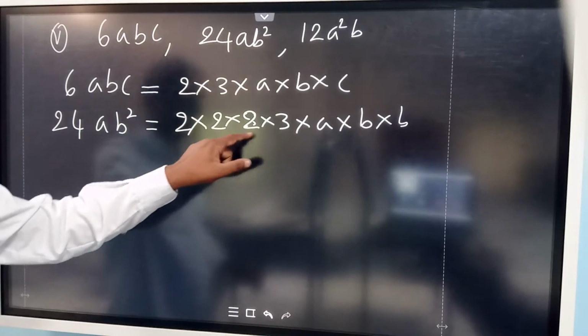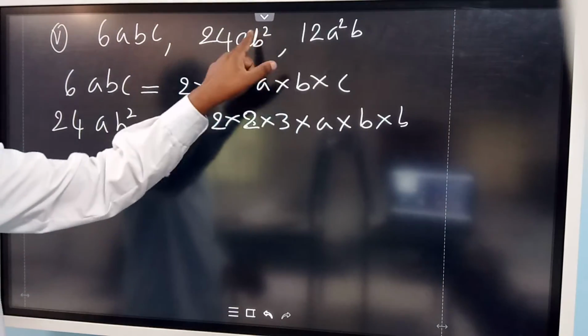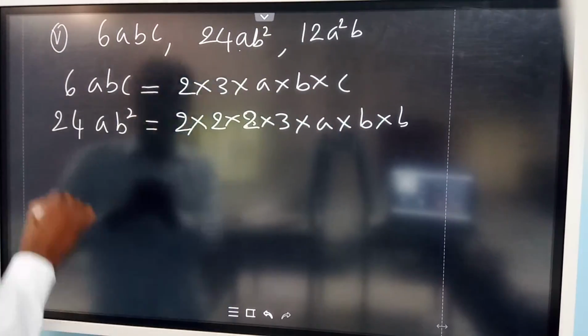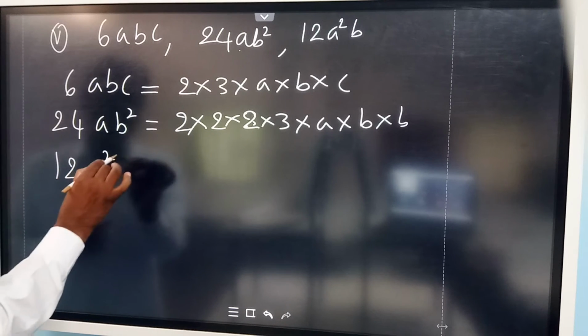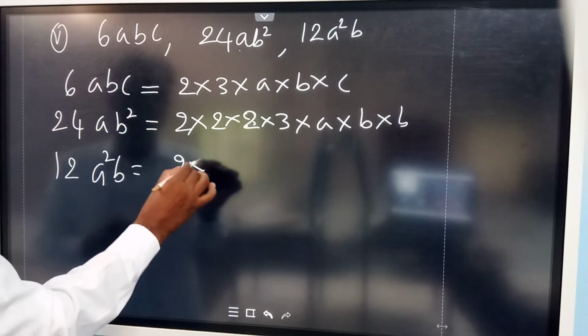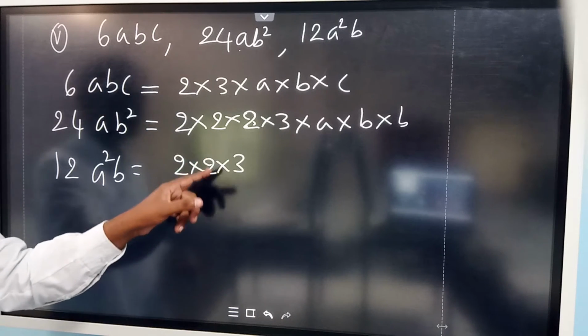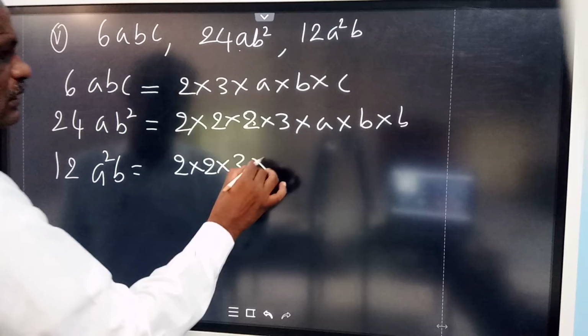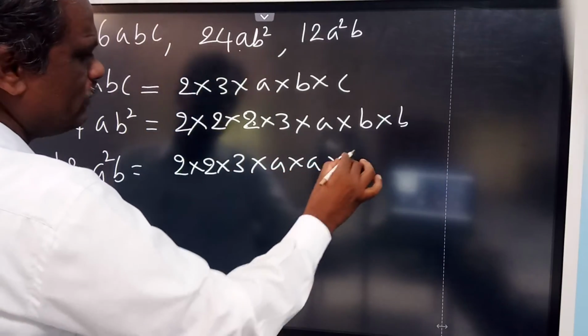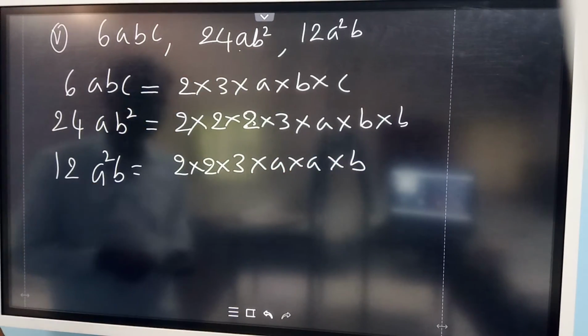And the last one is 12a square b: 2 into 2 into 3, a into a into b.